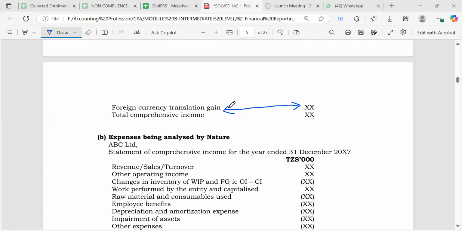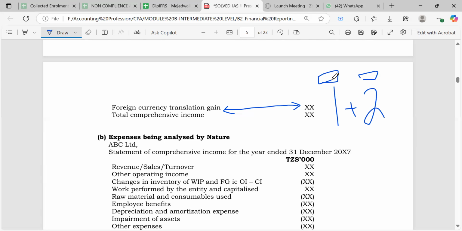This one that comes to other comprehensive income is not a business transaction. I just have results for one company, but I need to add them to the results of the other company. But their currencies are different. So I change the currency of one to match the other so as to add them together.